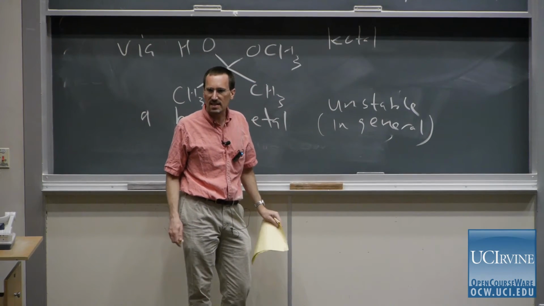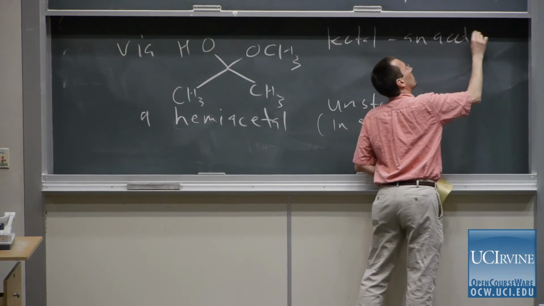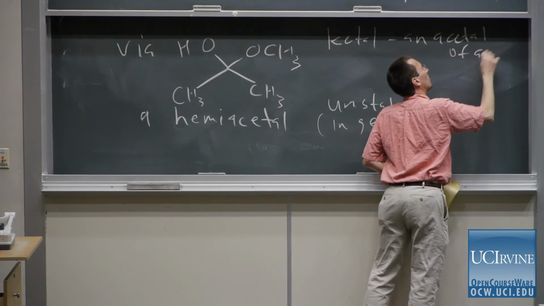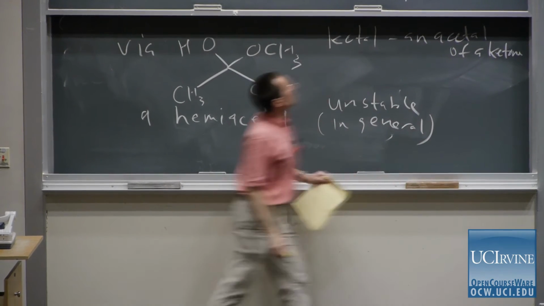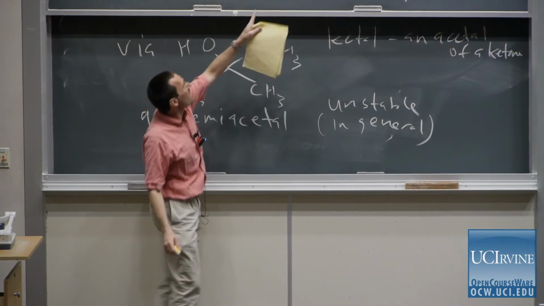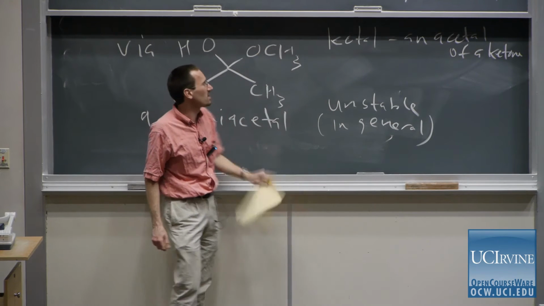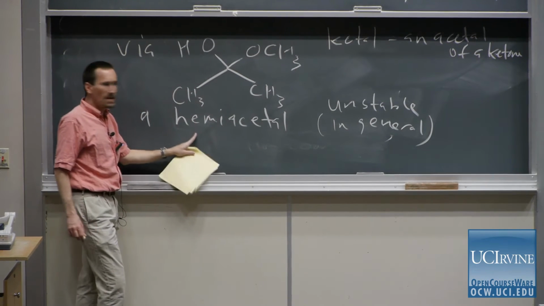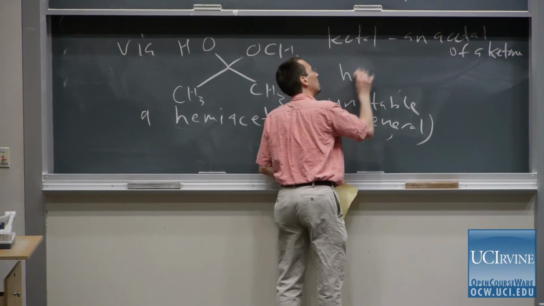Ketal is an acetal of a ketone. So sometimes you'll see this referred to as acetone dimethyl ketal, but these days acetal is preferred. And similarly, sometimes you'll see this referred to as a hemiketal.